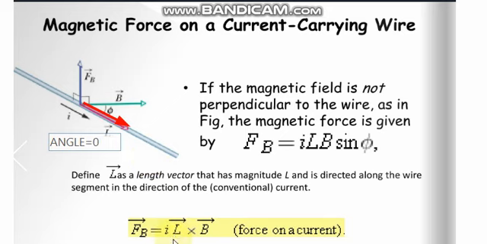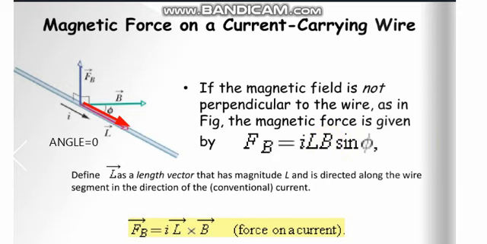And when the angle between L and B is 0, sine of 0 will give you a 0 result. So there will be no force acting on a current carrying wire which is carrying the current I in the direction of the magnetic field B.